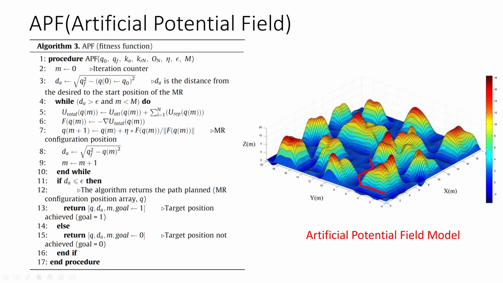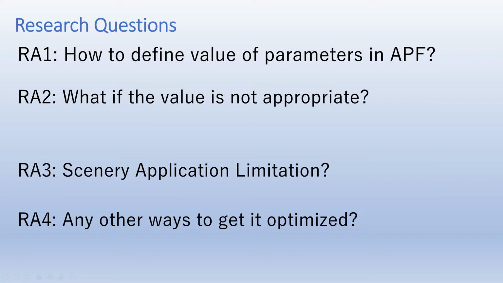Once it has reached the goal, the function returns the path it has planned for the whole process. Otherwise, it returns nothing, meaning that there is no valid path for the robot to get to the destination from the starting position.